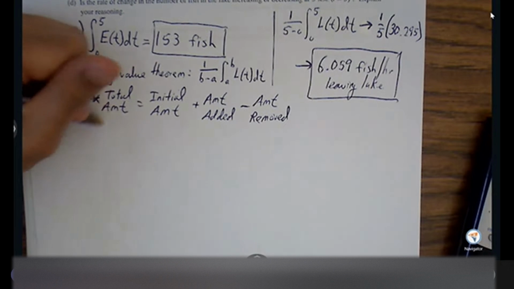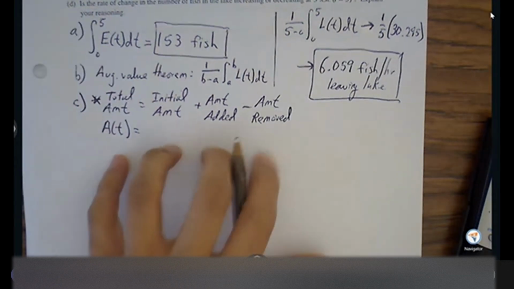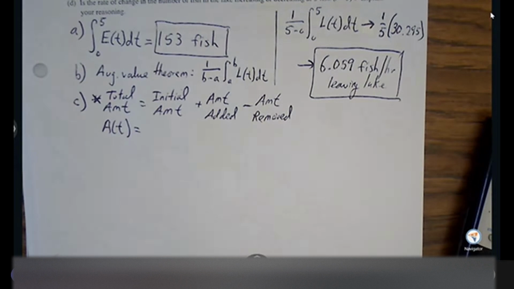Okay, so total amounts. Now I'm going to build a formula, and this formula is going to be good because it gives us a place to test all of our endpoints and critical points, but it's also a place for us to find our critical point. I'm going to show you how we're going to do that.